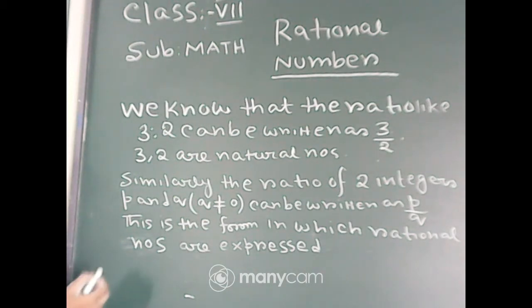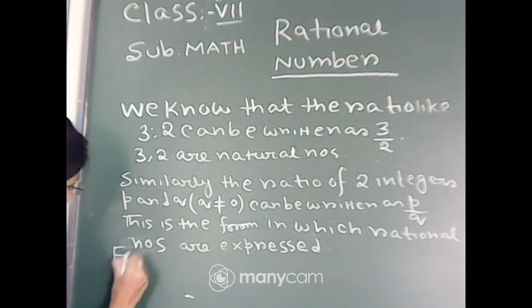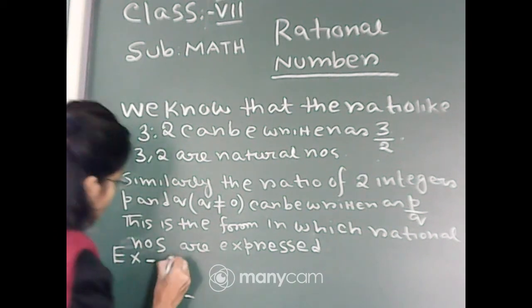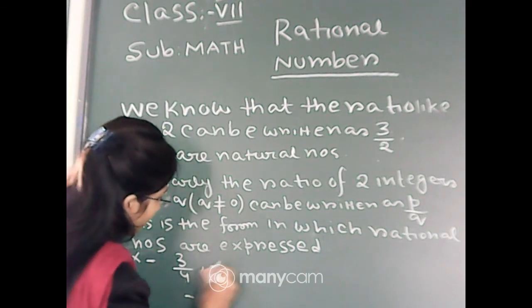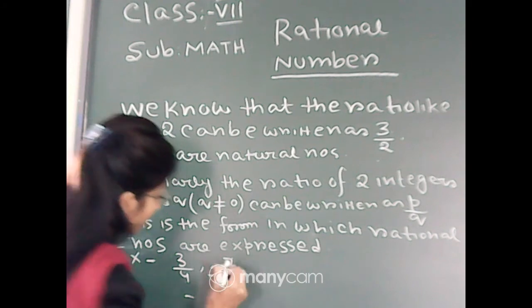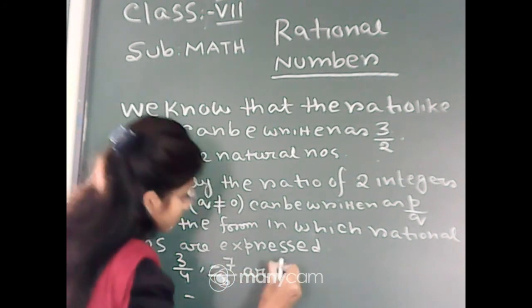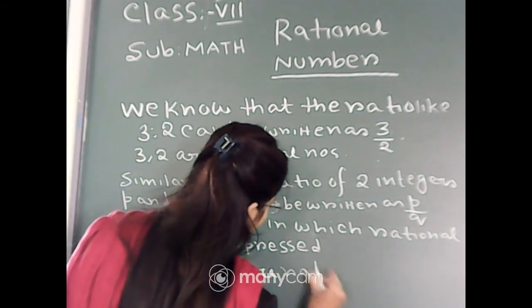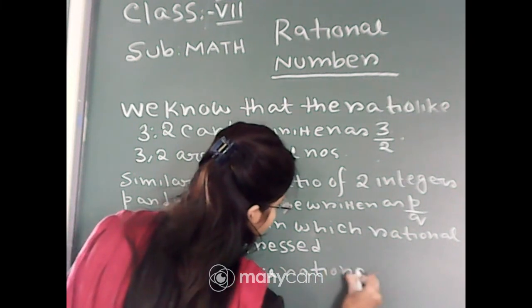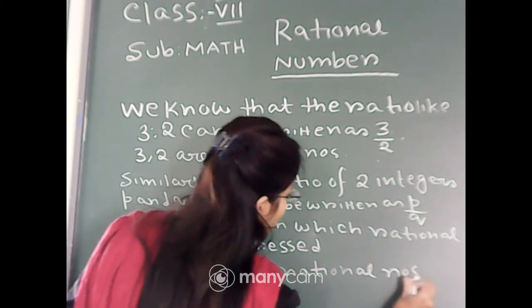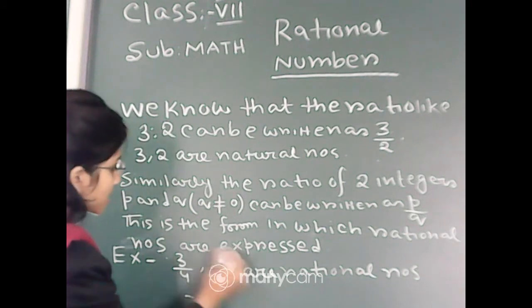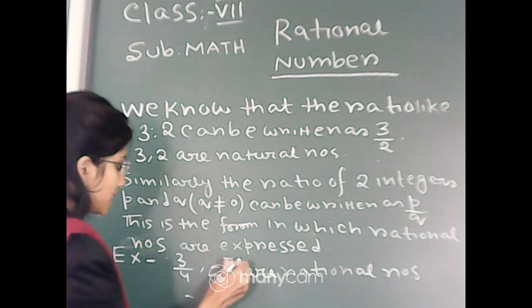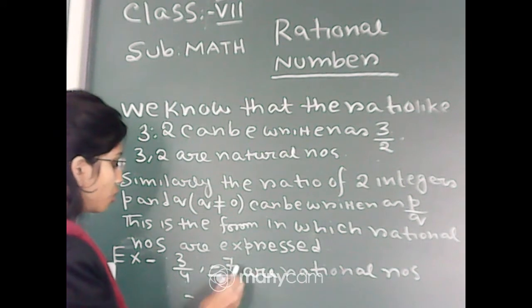Now examples of rational numbers. 3 divided by 4 and minus 7 divided by 8 are rational numbers. Here P is equal to 3 and Q is equal to 4, and in this example P is equal to minus 7 and Q is equal to 8.